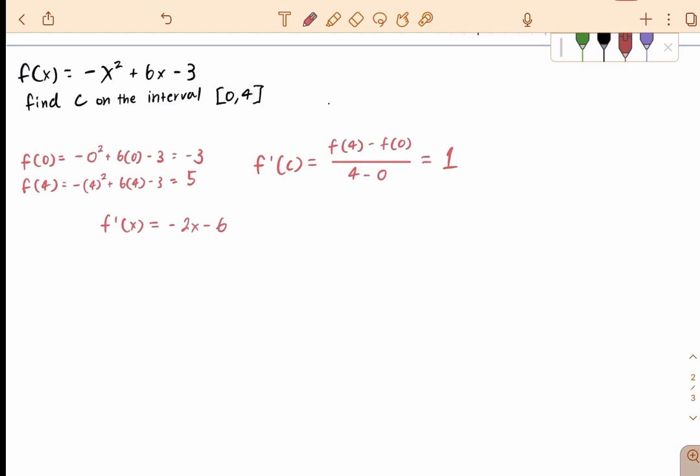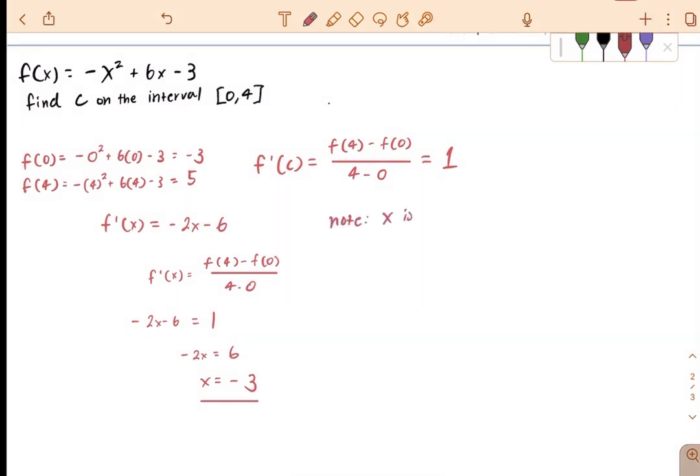So finishing setting up our equation, we have f prime of x is equal to that rise over run, f of 4 minus f of 0 over 4 minus 0, which we know now is 1, so negative 2x plus 6 is set equal to 1, which when we solve for x comes out to negative 2x equals negative 5, and then x equals 5/2. It's important to note that most of the time x and c are the same thing in these equations. c equals 5/2 on our theoretical graph.